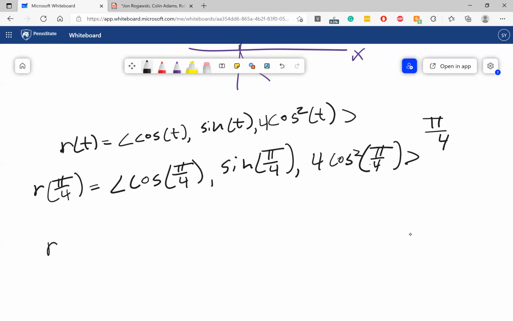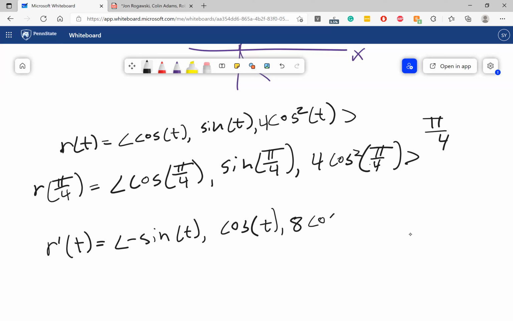So r prime of t is going to be equal to negative sine of t, cosine of t, and 8 cosine of t times negative sine of t.